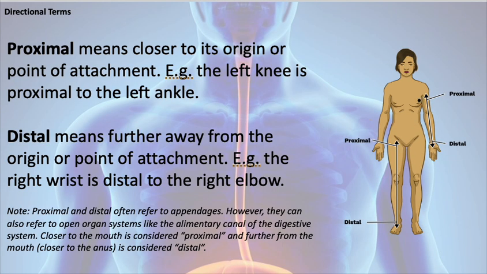Using that premise, we could say that the mouth is proximal. And if we talk about the location of the esophagus, we could say that the esophagus is distal to the mouth because the esophagus is farther away from the mouth. Or we could say the stomach is distal to the esophagus.